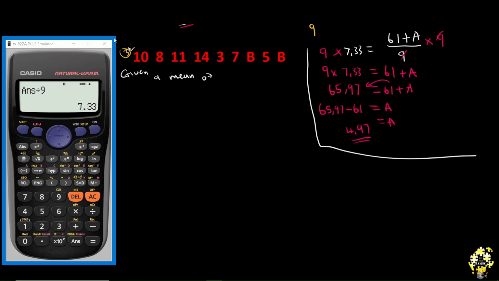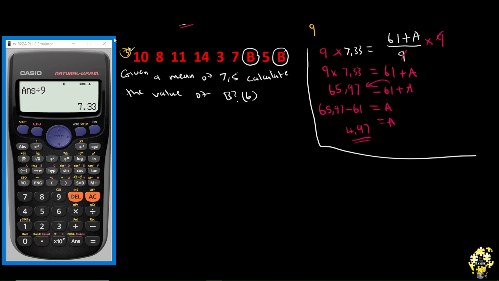Let's say that given a mean of 7.5, calculate the value of B. Yes, and this would be a 6-mark question. Now, there's something I want you to see here. We have a 10, 8, 11, 14, 3, 7, B, 5, B. We have 2 variables here. We have a B and a B. We have to solve for a B.